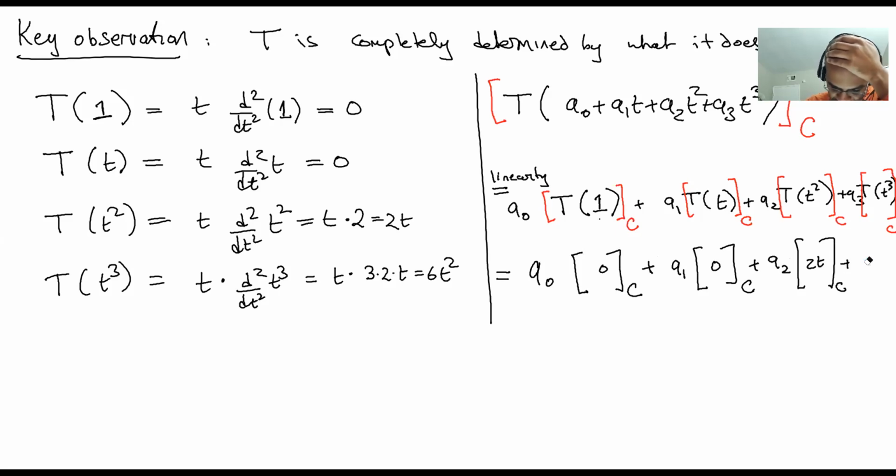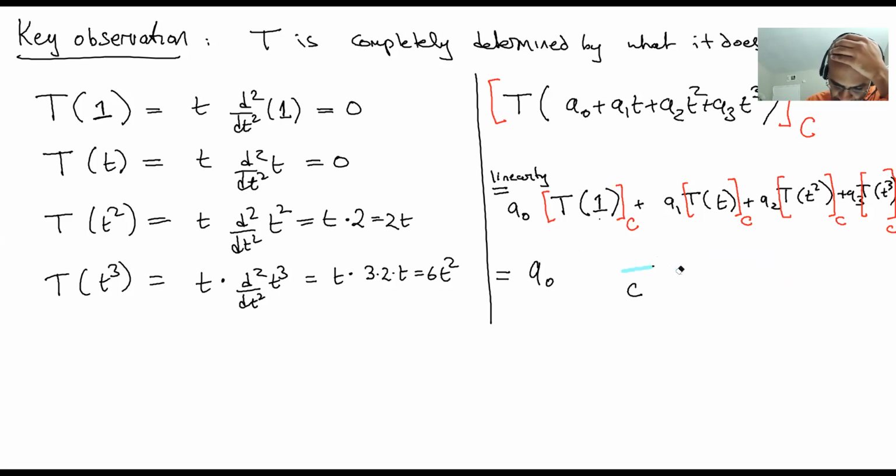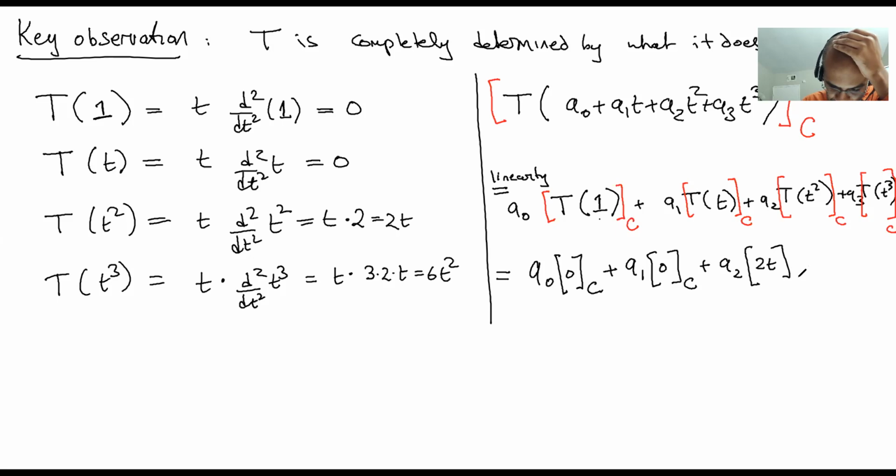Maybe I'll just write it again to make it clear. This is a0 times the coordinate vector of 0 plus a1 times the coordinate vector of 0. So, right, these are just the outputs I calculated on the left-hand side here. Plus a2 times the coordinate vector of 2t plus a3 times the coordinate vector of 6t squared, which, just to be very explicit, let's write it out.